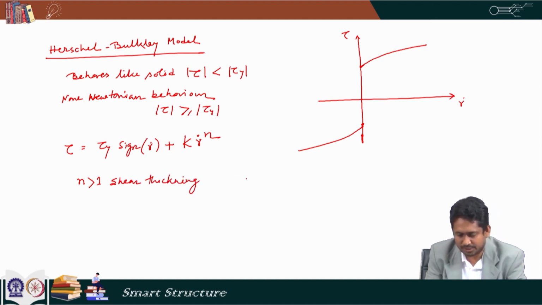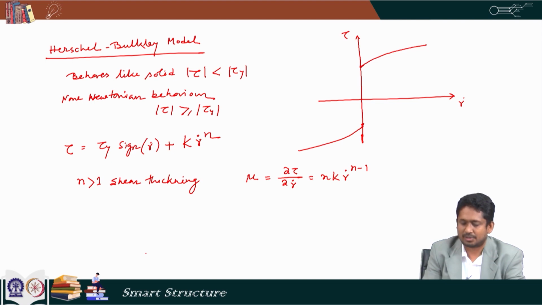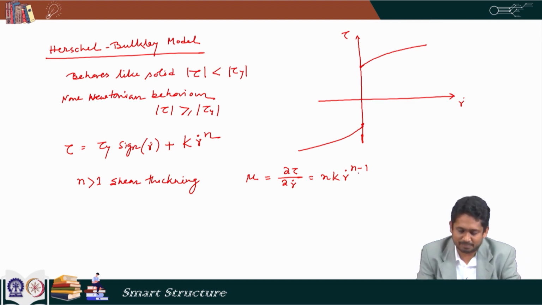Now, when n is not equal to 1, it is a shear thickening or thinning phenomenon. Because if we denote the viscosity mu as del tau by del gamma dot, we get this as n k multiplied by gamma dot to the power n minus 1. So, when n is more than 1, this quantity mu increases with gamma dot.